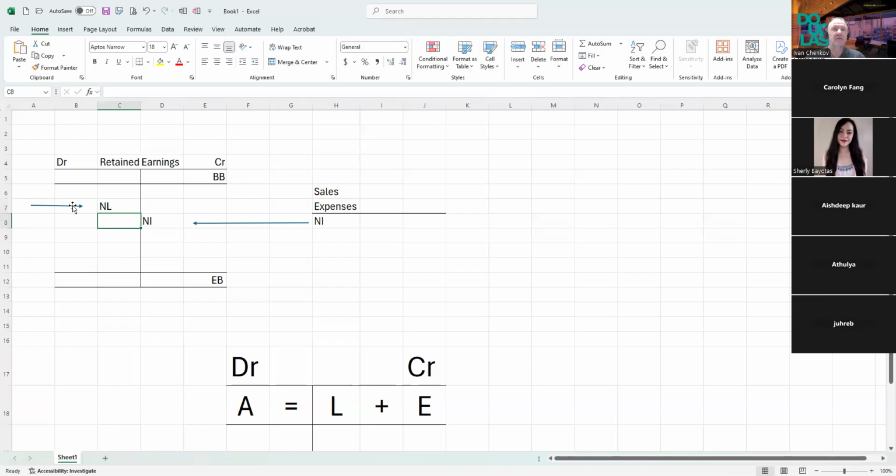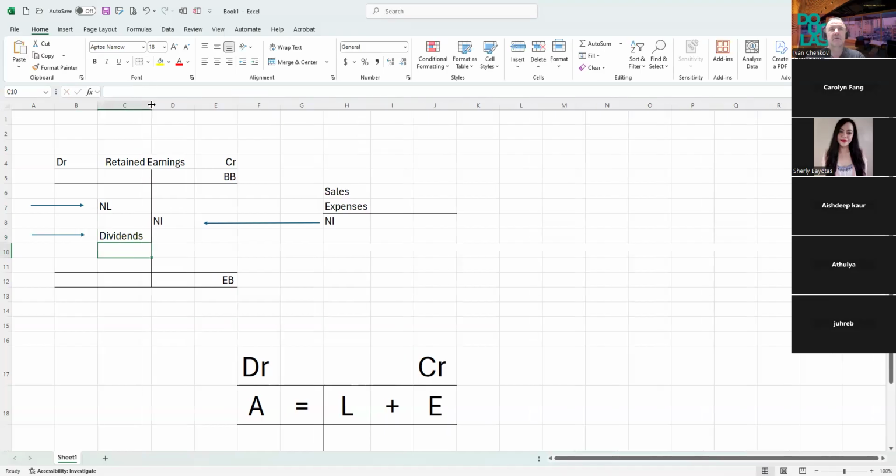And there's another thing that reduces the retained earnings, the thing that all the shareholders want: dividends. Excellent. So we know what drives the retained earnings and how this balance, let's say from zero, can increase or decrease. That's our general rule.